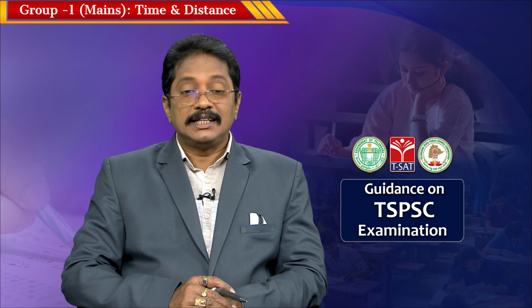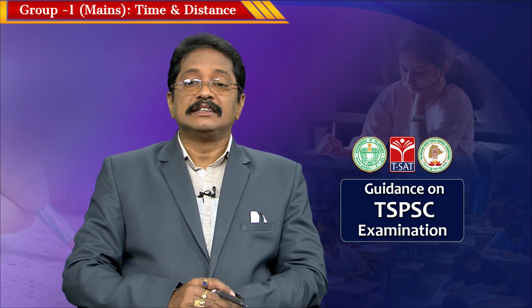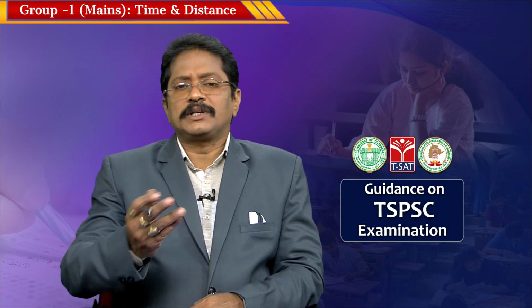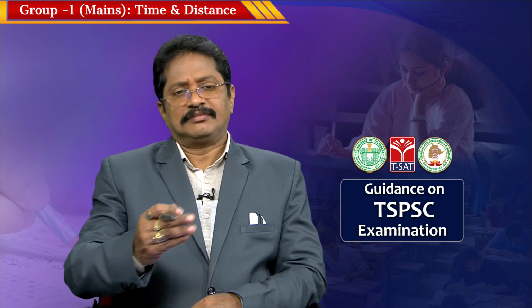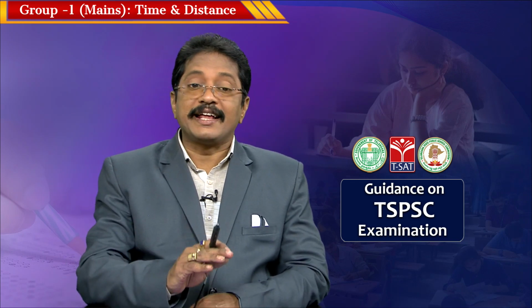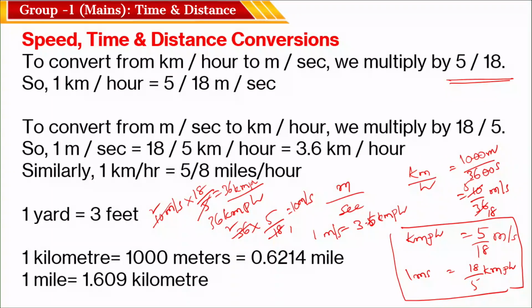You have to know the relation between different units of length. You can measure the length of a distance in yards, in feet also. 1 yard is equal to 3 feet, 1 kilometer is equal to 1000 meters.